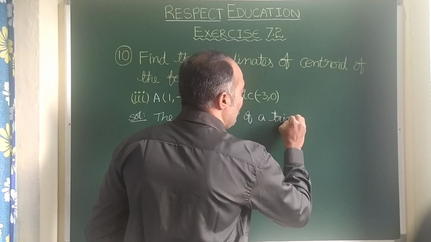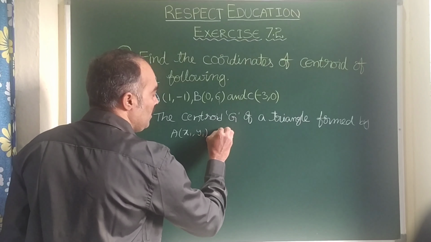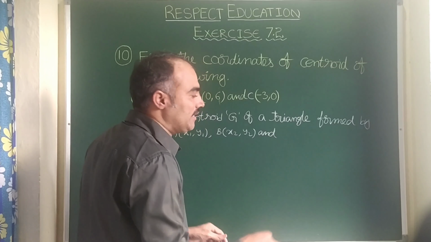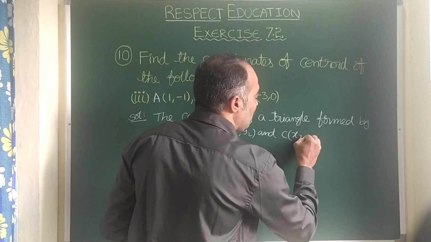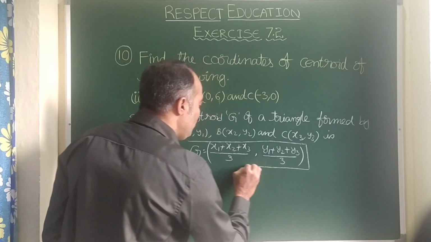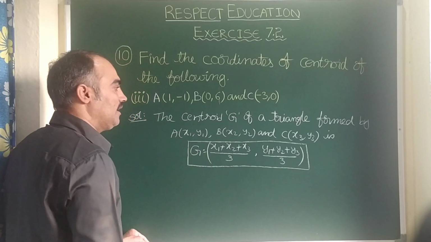Those are A (x1, y1), B (x2, y2) and third point is C (x3, y3). G is equal to (x1 plus x2 plus x3) by 3 comma (y1 plus y2 plus y3) by 3. So here, based on this formula, we are going to solve this problem, right?